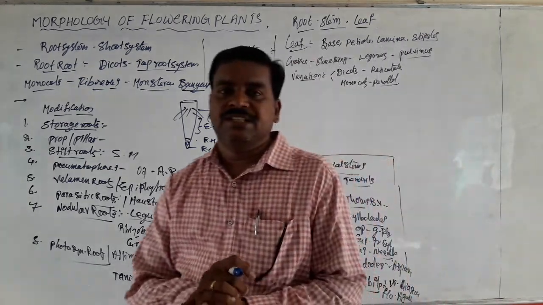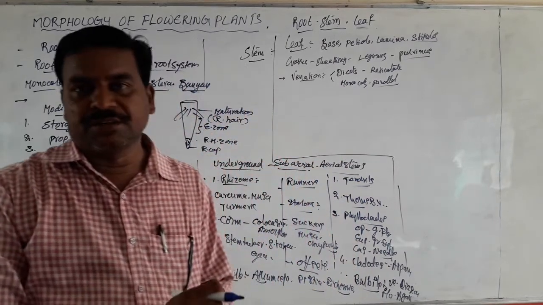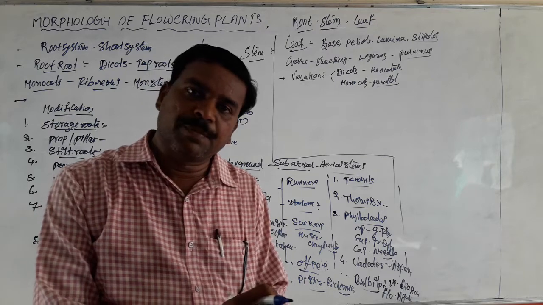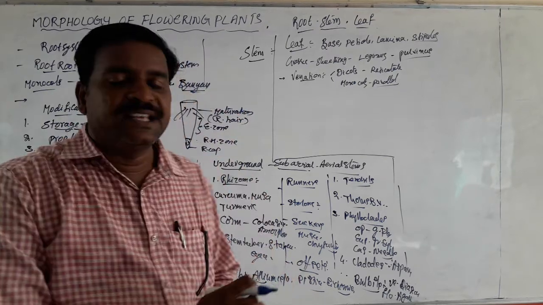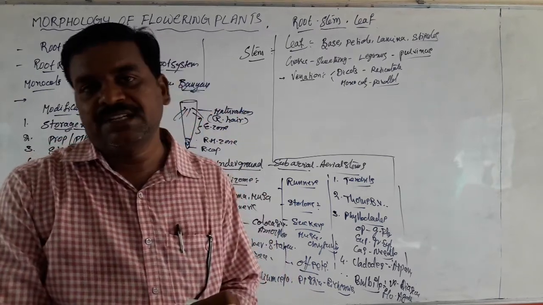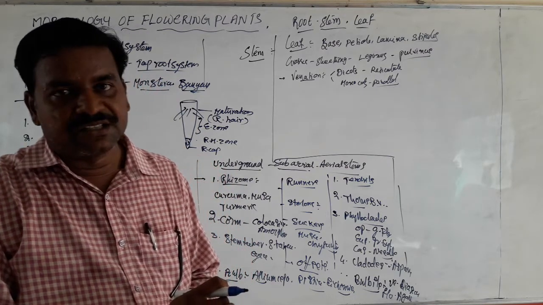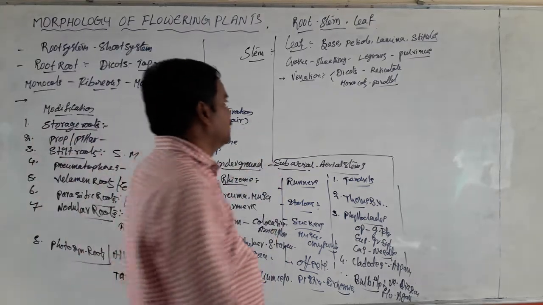Venation in dicots is reticulate, but in monocots it is parallel venation. However, parallel venation is found in some dicots like Eryngium and Calophyllum. Most monocotyledonous plants contain parallel venation, but exceptionally in Smilax and Dioscorea, venation is reticulate. There are some exceptions.